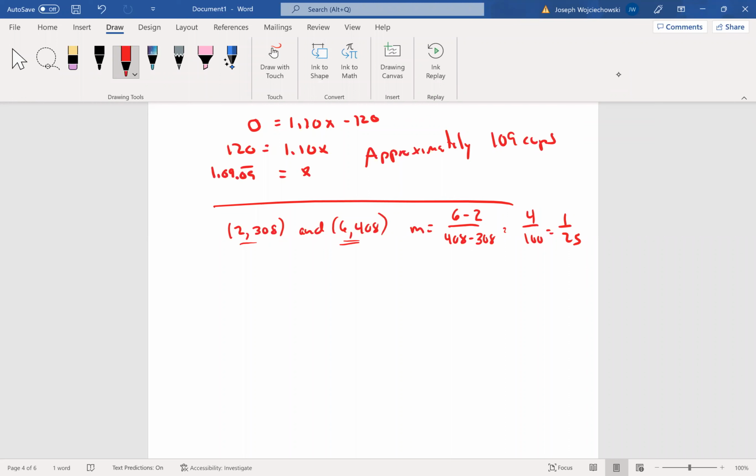And I have a point. I can pick any of them. I'm going to go y minus 308 equals 1/25 of x minus 2. So y minus 308 equals 1/25 x minus 2/25.